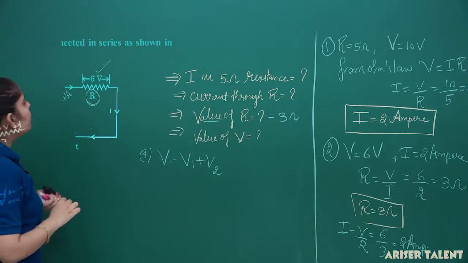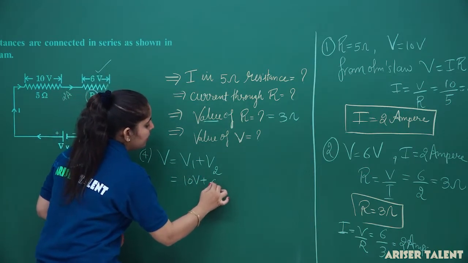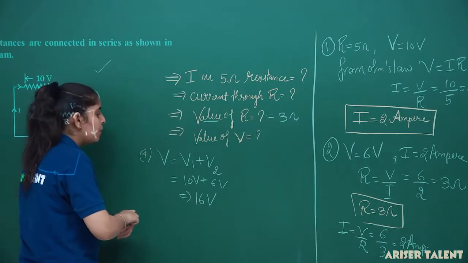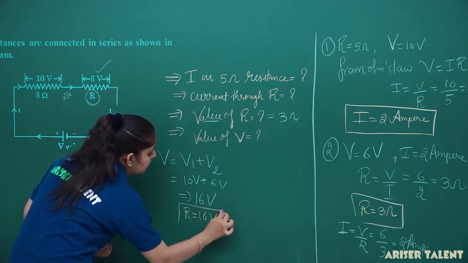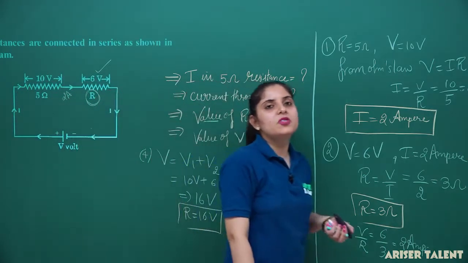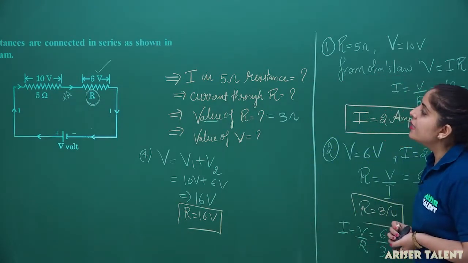V1 here is 10 volt and V2 here is 6 volt, and it came out to be 16 volt. So, for the fourth part, the answer is 16 volt. So, these are the solutions of this problem, which are completely based on Ohm's law and the circuit given in series combination.